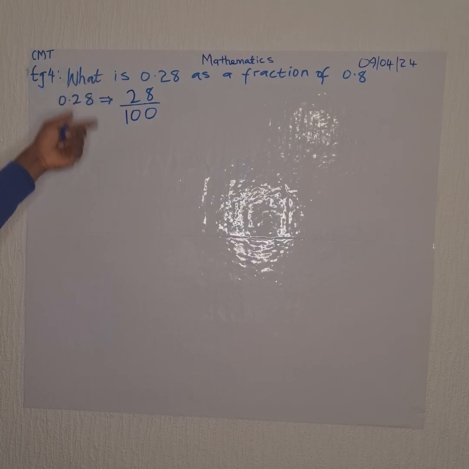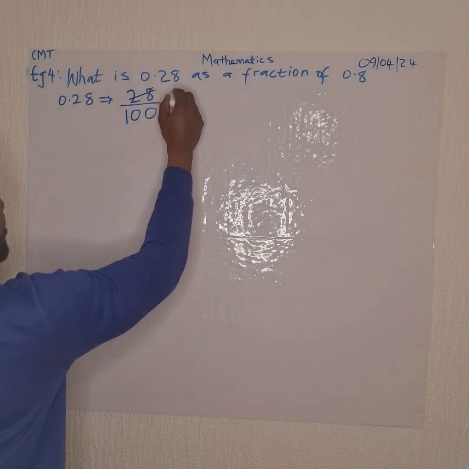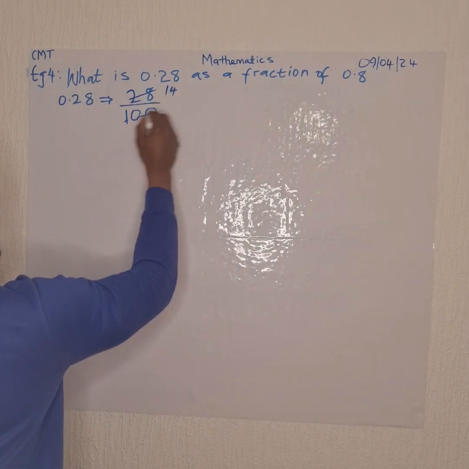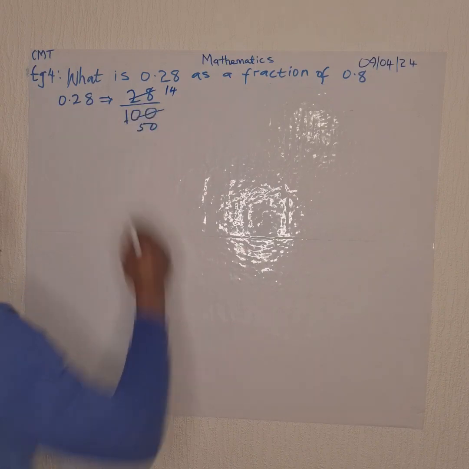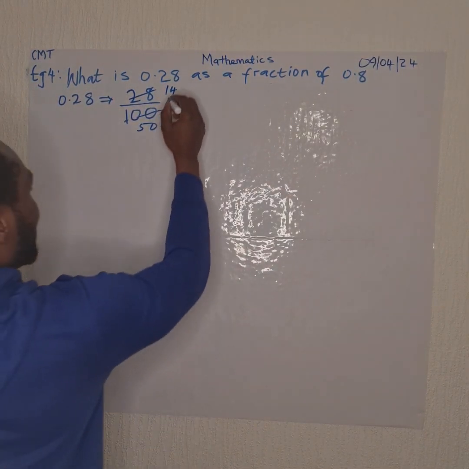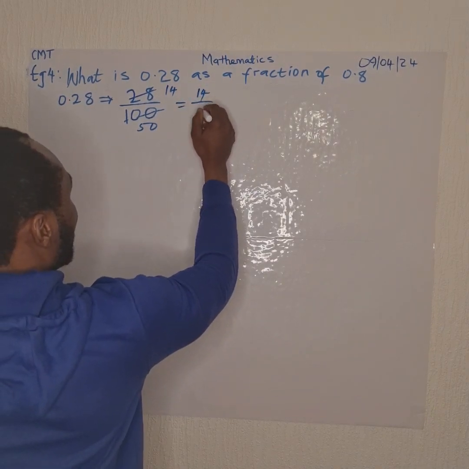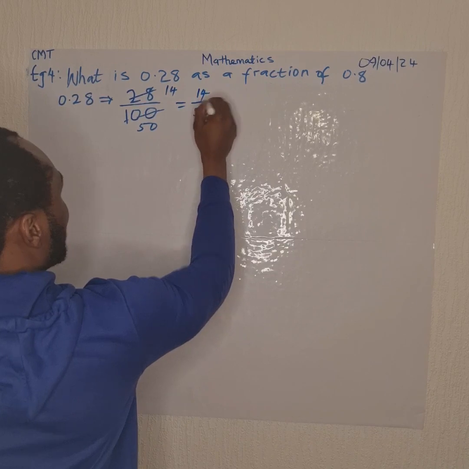But we need to simplify this further. So let us first divide by 2. We divide by 2, we have 14, and we have 50. We can divide by 2 again. So this is 14 over 50.